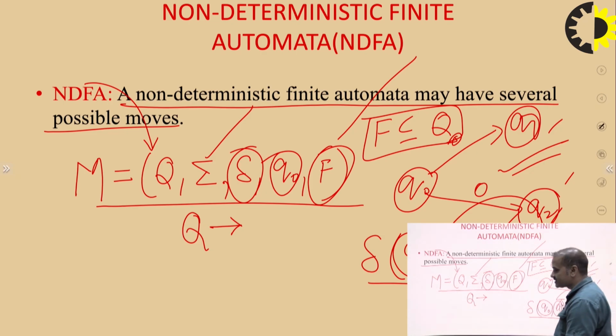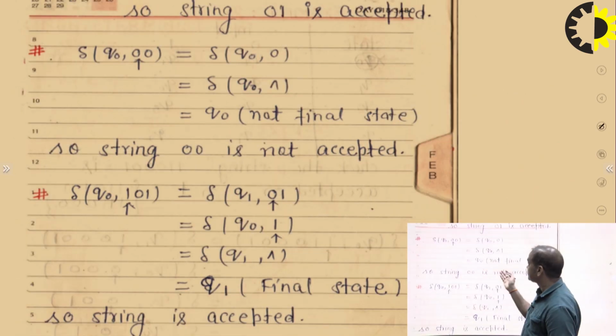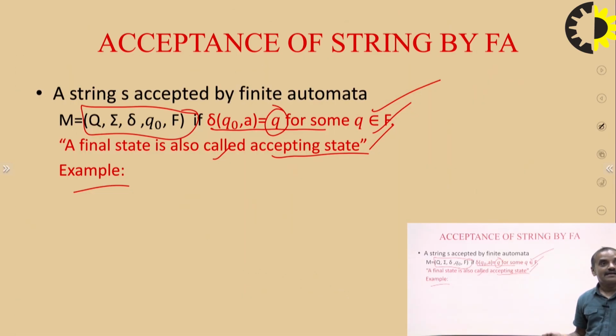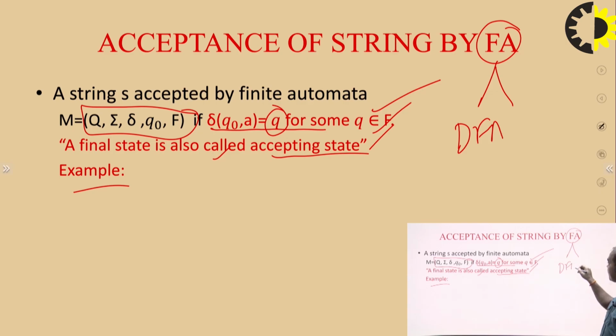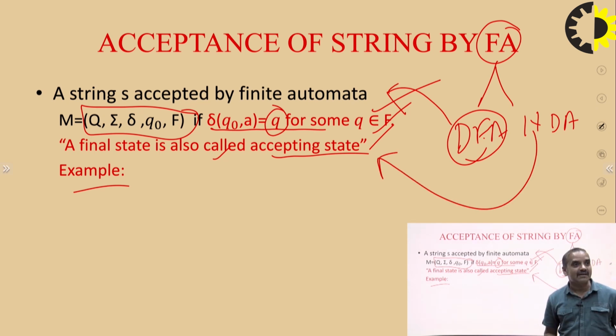The next point is acceptance of a string by a finite automata. That means it may be DFA or it may be NDFA. The same topic discussed in DFA is also discussed in NDFA.